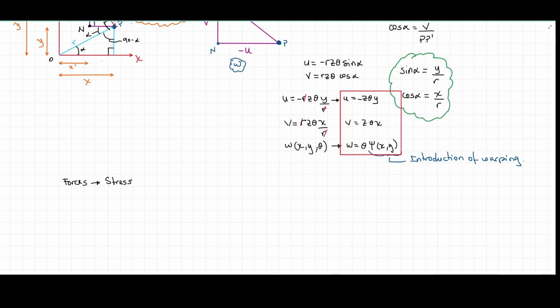Then thanks to the constitutive law, meaning the material, or how you describe material properties, those stresses are going to develop strains, and those strains are going to end up being deformations on your element.